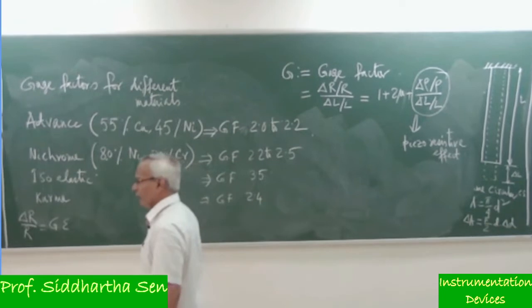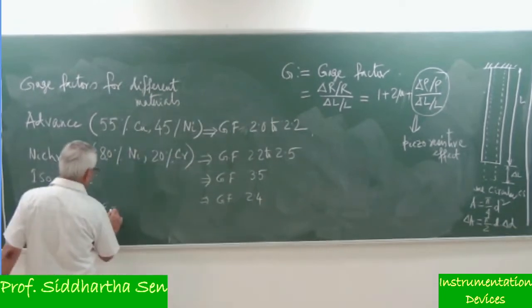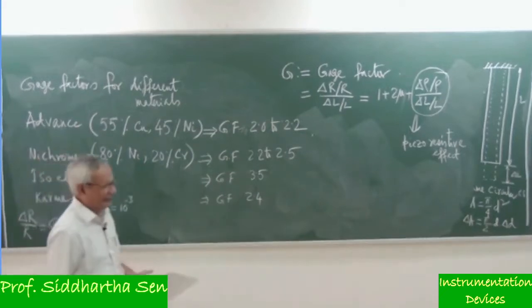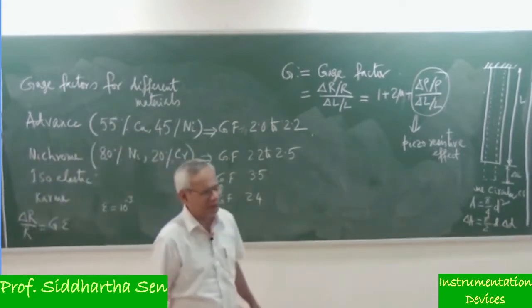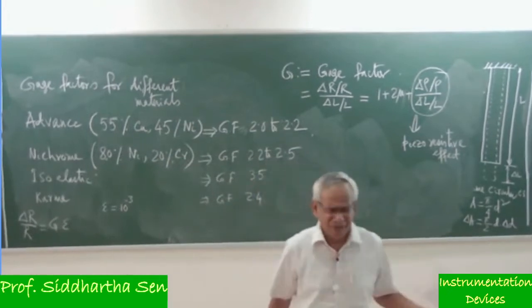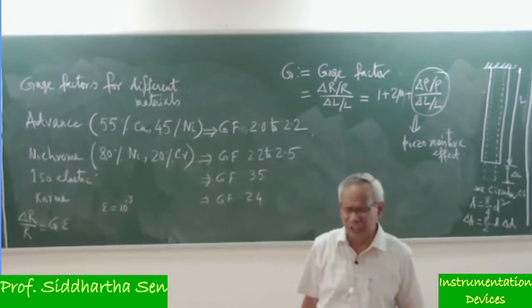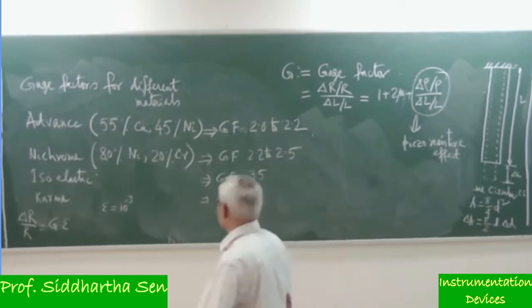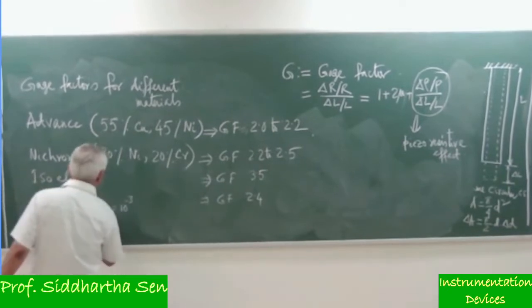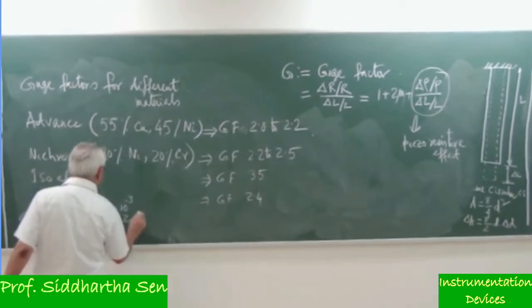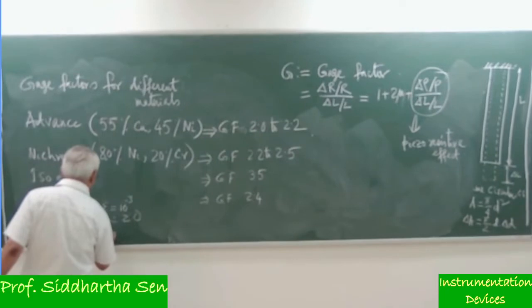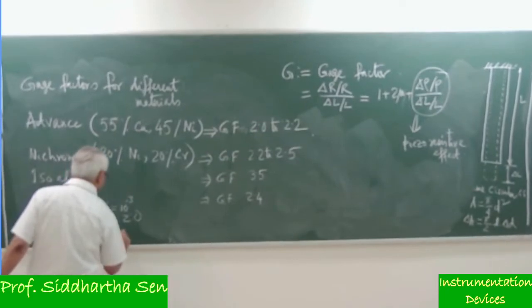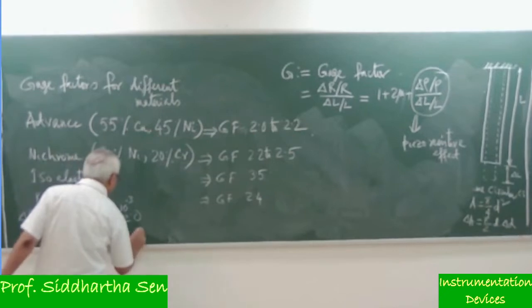So, if your epsilon is, say, 10 to the power minus 3, that is normal, the strain we have is around 1000 microstrain or 10 to the power minus 3. This is around that range. So, if your gauge factor is equal to 2.0, the change in resistance delta R by R is equal to 2 into 10 to the power minus 3.